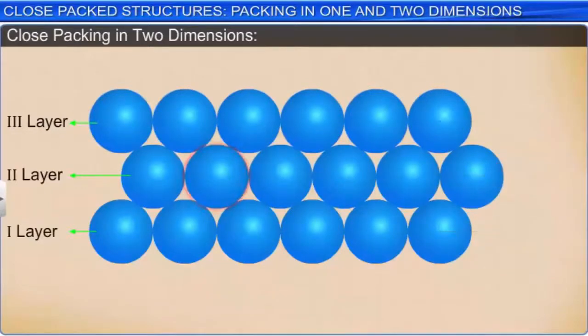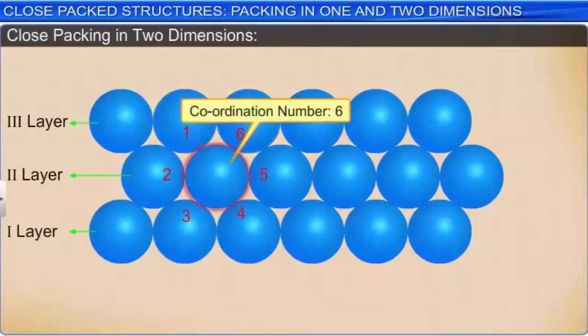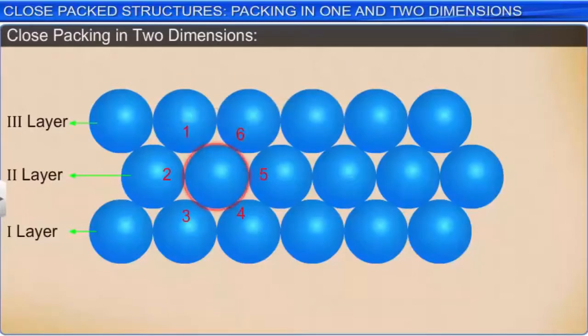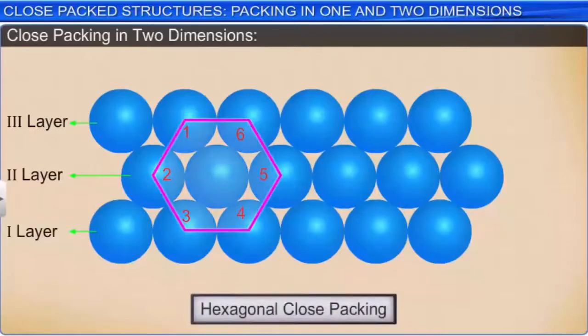You can also see that each sphere is in contact with 6 other spheres, 2 on either side, 2 in the layer below, and 2 more in the layer above. Hence, the coordination number of a sphere becomes 6. Also, if you join the centers of these 6 spheres, you get a hexagonal pattern.